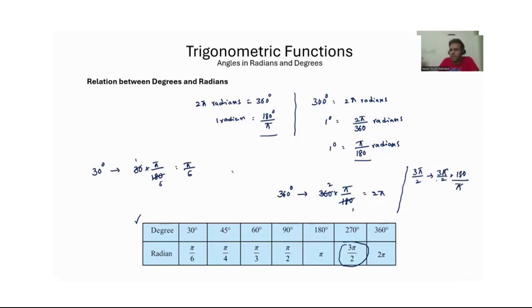So pi gets cancelled, and then 2 ones and 2 90s. So 3 into 90 is 270. You following? So that's how we can convert a radian value into degrees, or if you know a degree value we can convert into radians. The multiplication factor is, if you know degrees, then pi by 180. If you know radians, then into 180 by pi.